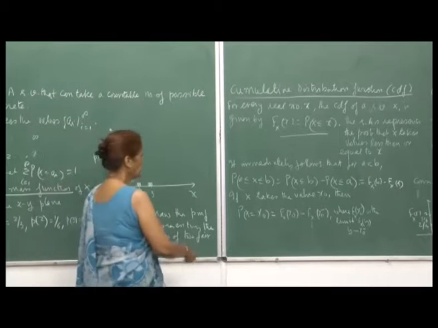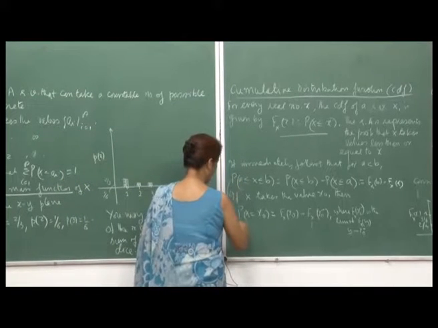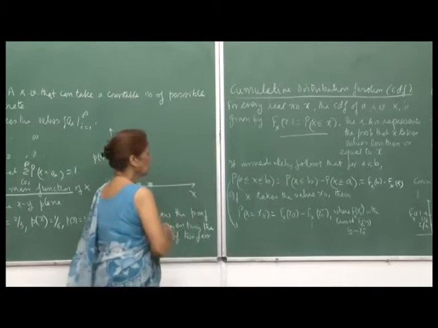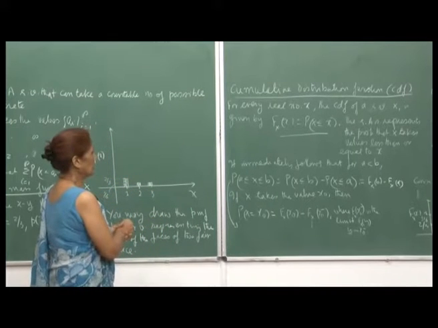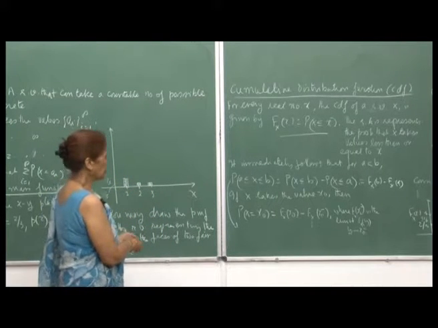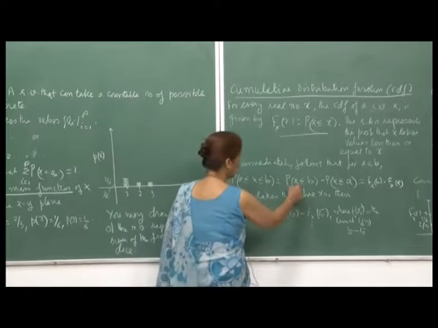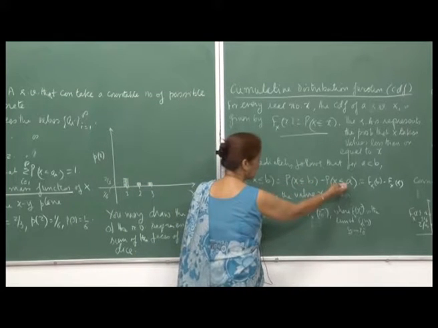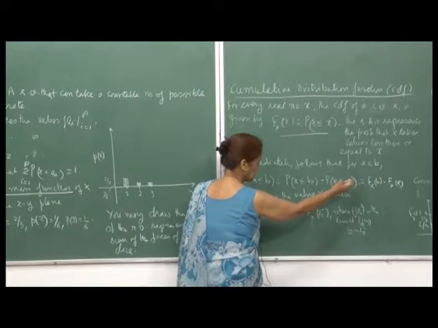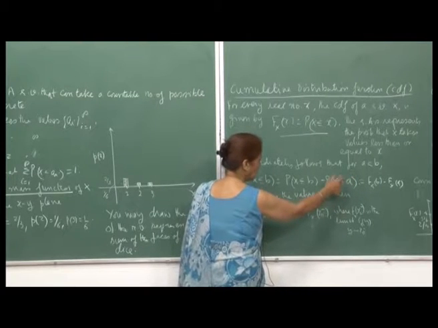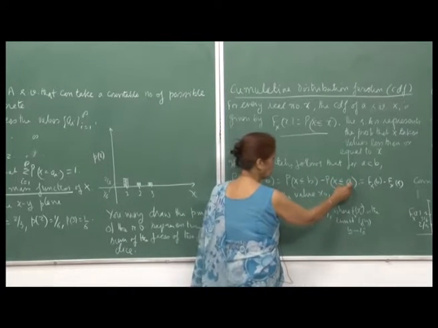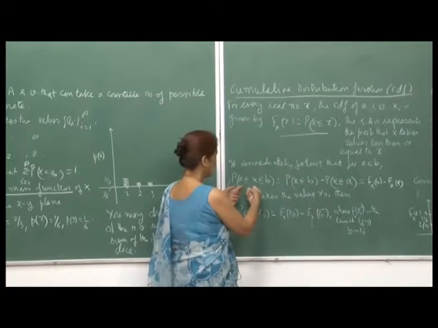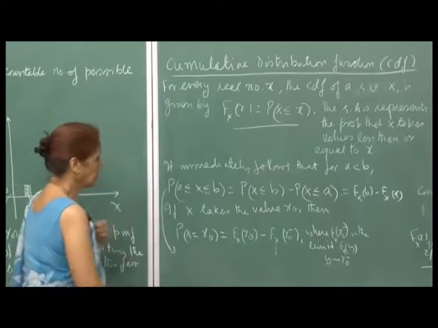If you feel that you still need some explanation, you can do it for yourself. From X less than or equal to b, you want to subtract the values of X less than or equal to a, because a is less than b, and then you will get that X lies between a and b, right.